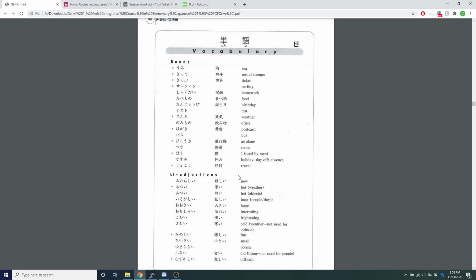I would say the reasoning behind that coming later in the book is probably because usually the informal conjugations are a bit more complicated. They require more modification based on the last character in that word.